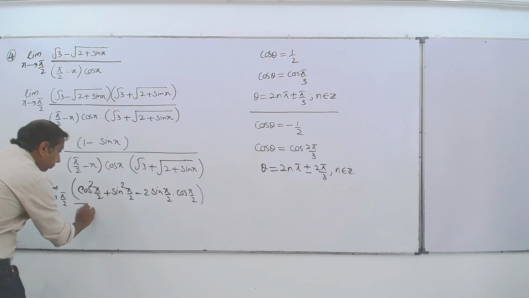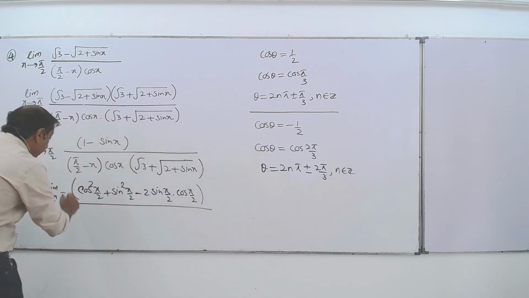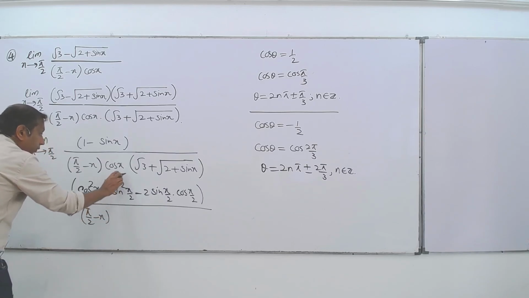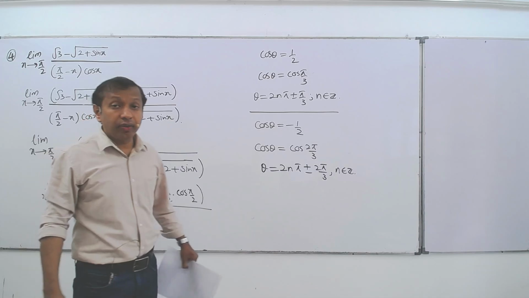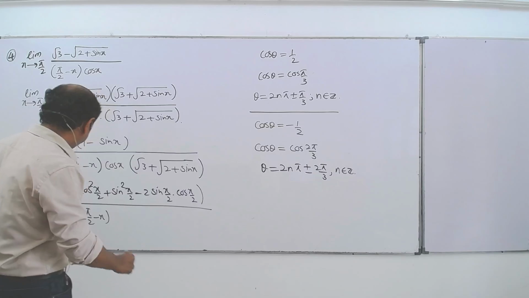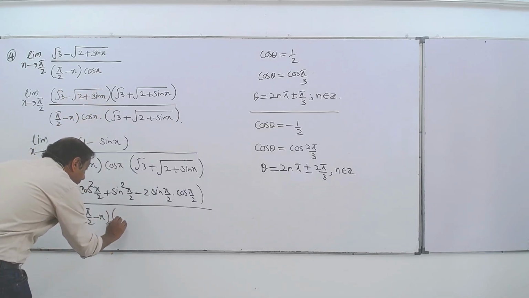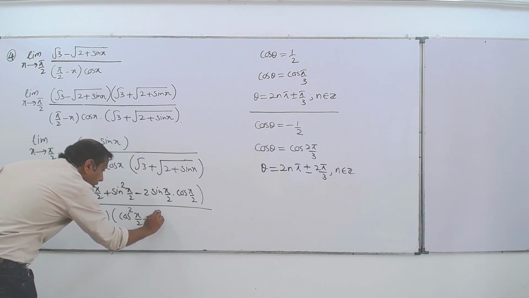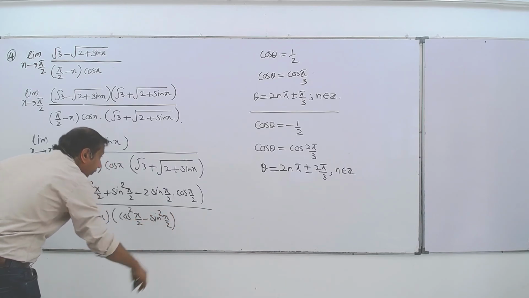And here pi by 2 minus x. This cos x you can write using half angle formula, cos squared x by 2 minus sin squared x by 2. Right.